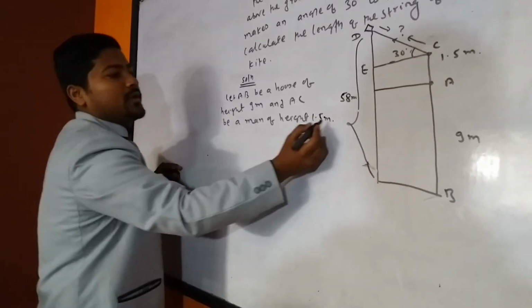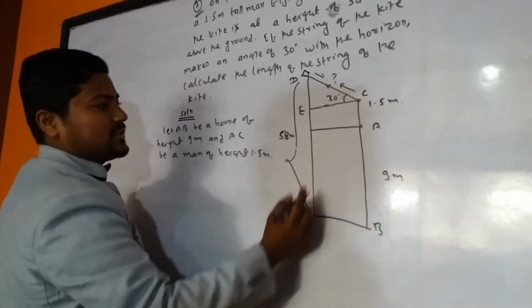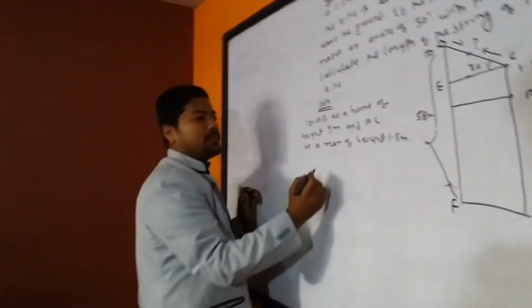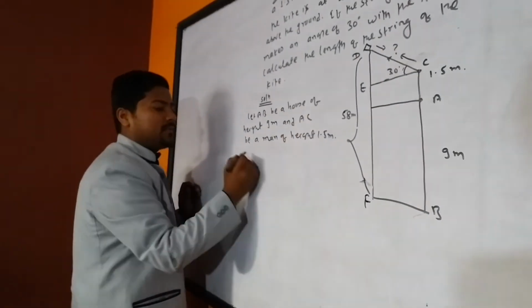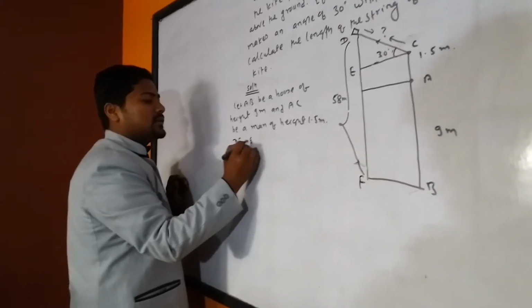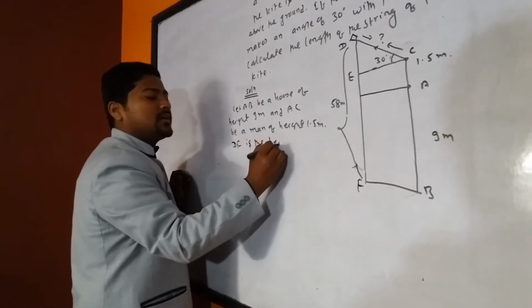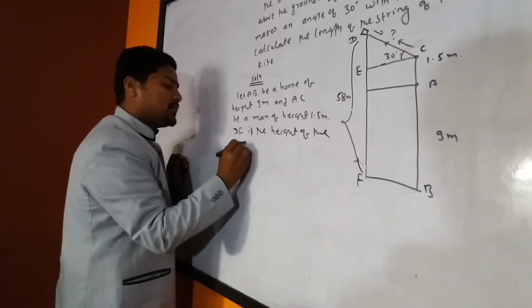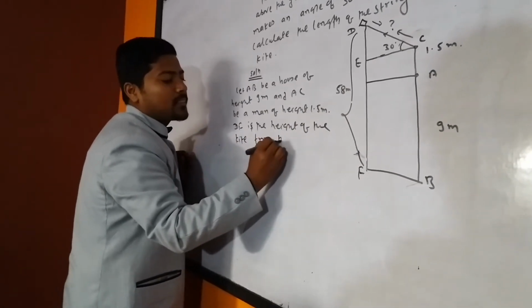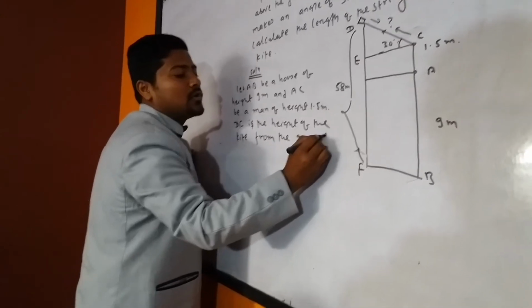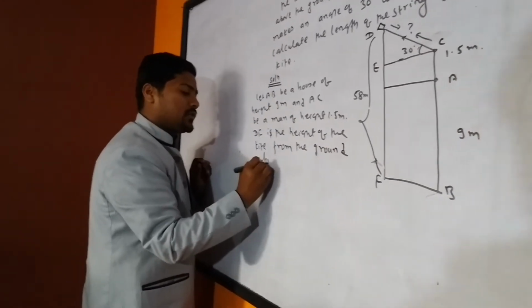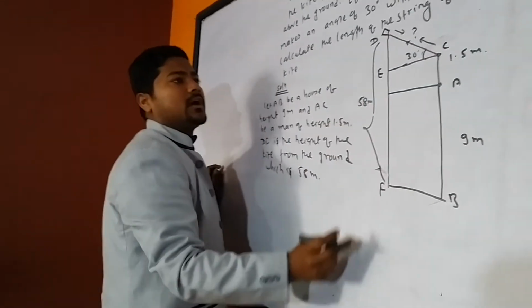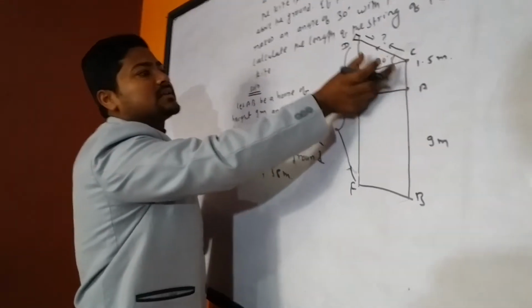Now we can write ABC, and E, F. DF is the height of the kite from the ground, which is 58 meter.